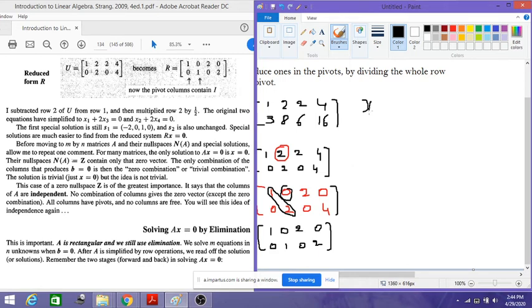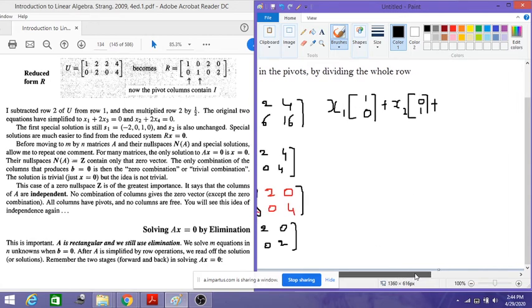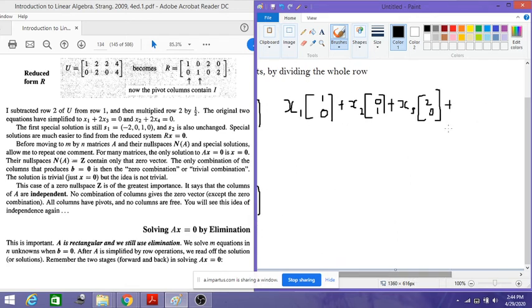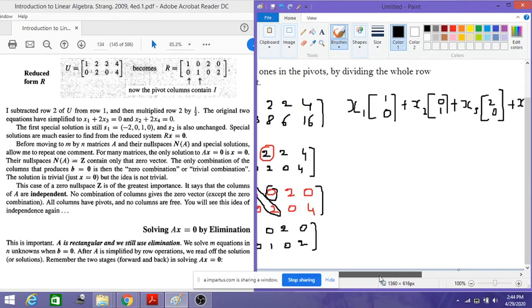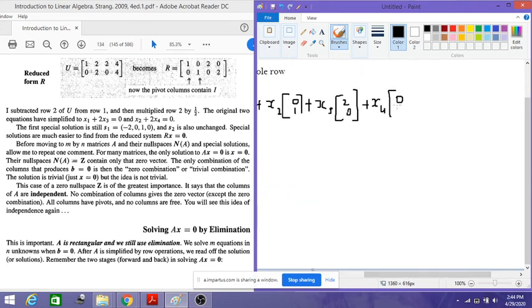We will write this as x1 times 1, 0 plus x2 times 0, 1 plus x3 times 2, 0 plus x4 times 0, 2, with the right side equal to 0.